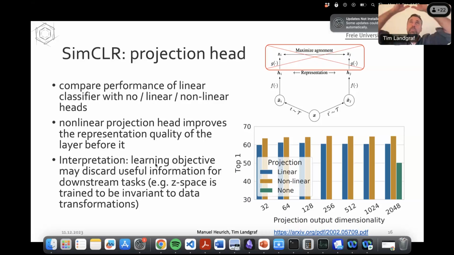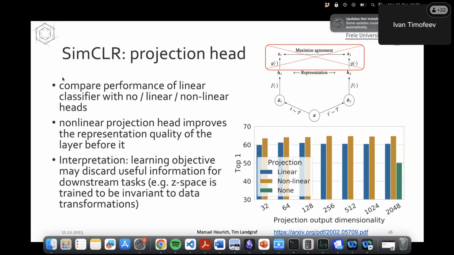In this last step, we lose information that, if we did it directly on the representations that we use for the linear classifier evaluation, these representations would lose performance because of this fact. So this is how they interpret this.